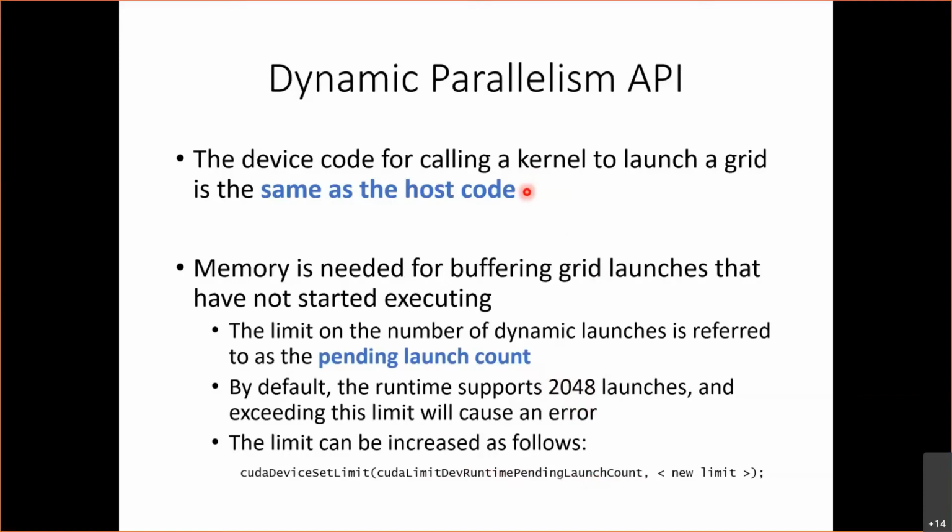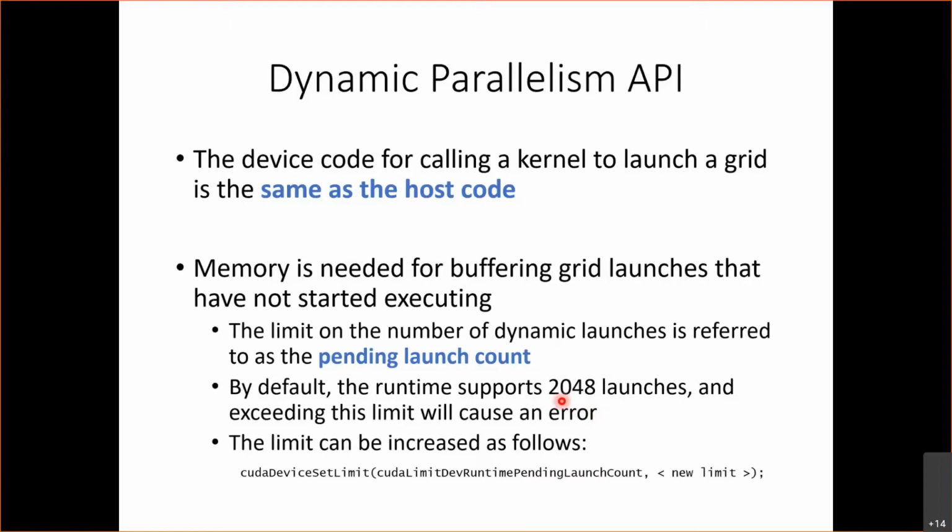Does somebody have a question? Yes, when you say launch, do you mean a launch per thread, or is there a metric? Every thread on the GPU can perform its own grid launch. And the maximum number of launches overall is 2,048, or per thread? That's by default, but we can increase it.